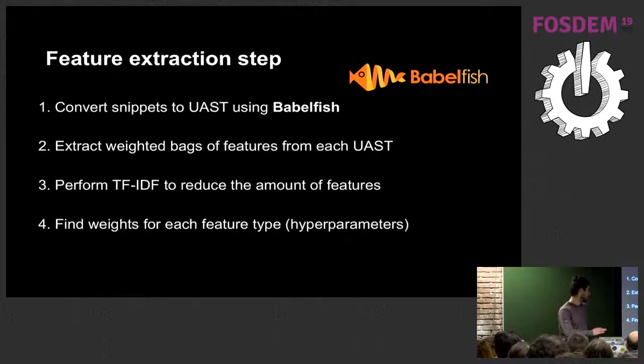We could use purely the weighted bags of features as is, but if we wanted, for instance, to look at more of the structural differences between code, then we would be able to give more weight to the structural features, and inversely we could do the same thing for syntactical features. So that was the first step of Gemini.